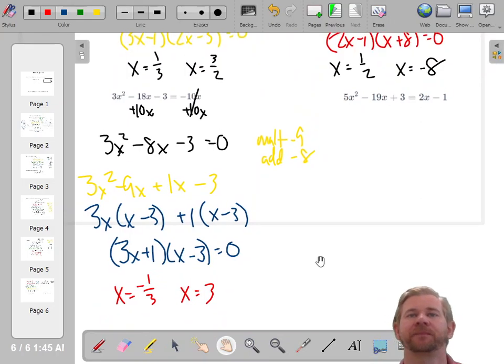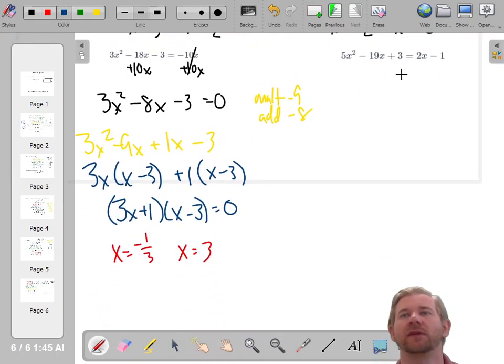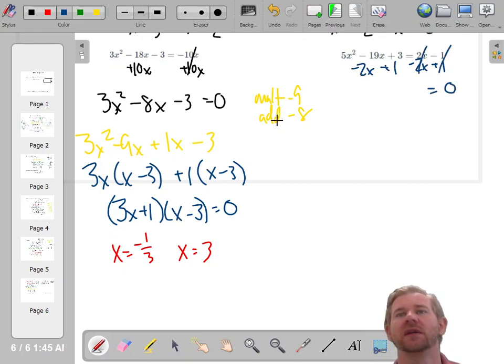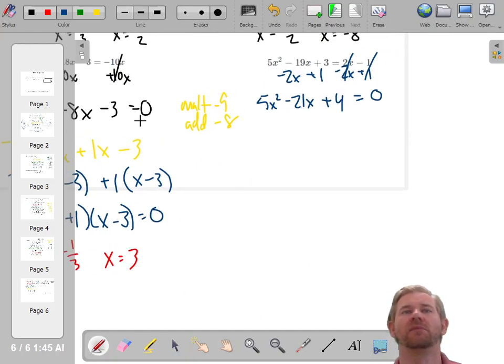All right, last one. You got to get everything on one side, so I'm going to move the 2x, and I'm going to add the 1. Minus 2x plus 1. So now it equals 0. 5x squared, negative 19 and negative 2 make negative 21, and 3 plus 1 is 4. So what multiplies to 20? 5 times 4 is 20. And what adds to negative 21?